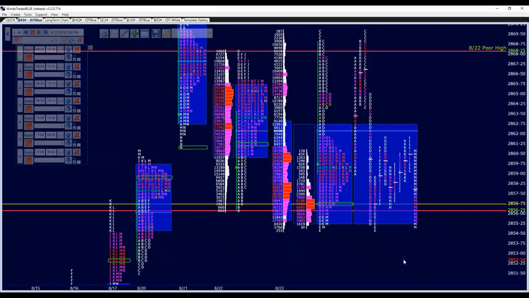The volume point of control is where the greatest amount of volume took place. Sometimes they're the same, sometimes there's a significant difference. And then all the focus gets on the point of control.